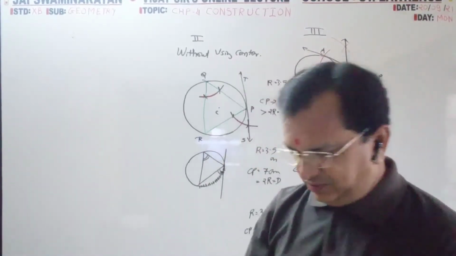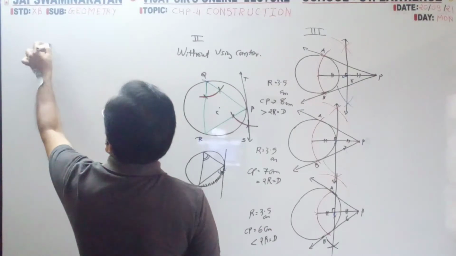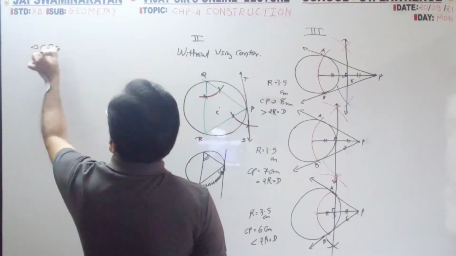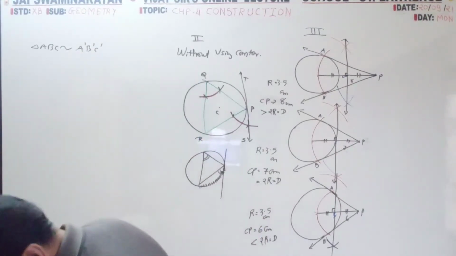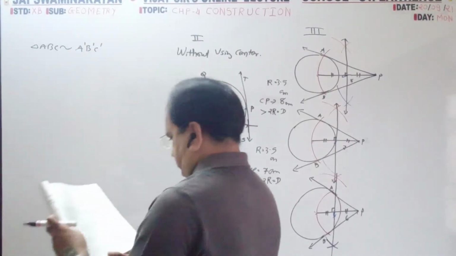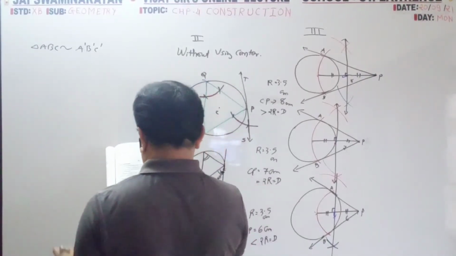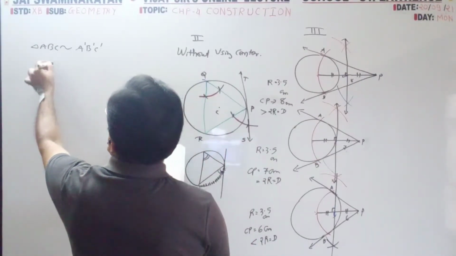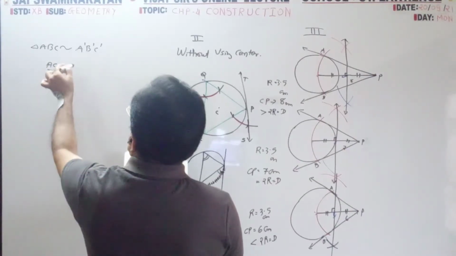Triangle ABC is similar to triangle A dash B dash C dash. Now AC by A dash C dash is given as 5 by 3.